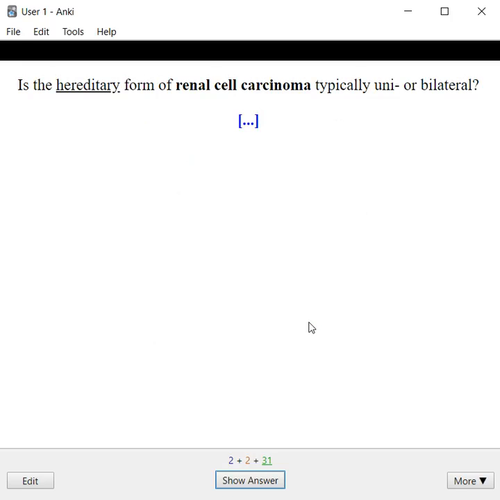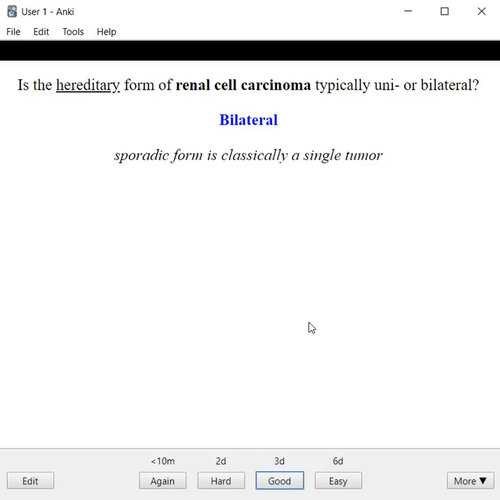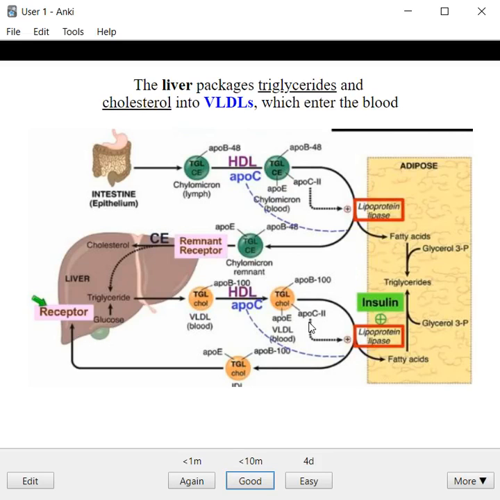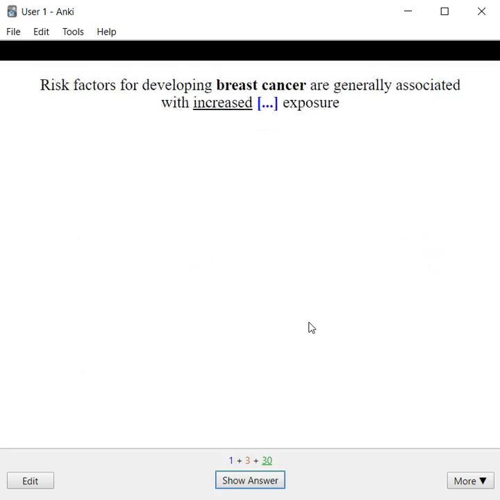Is the hereditary form of renal cell carcinoma typically uni or bilateral? It's bilateral. Remember, the sporadic form is classically a single tumor. The liver packages triglycerides and cholesterol into what? Which enter the blood? Into VLDLs.